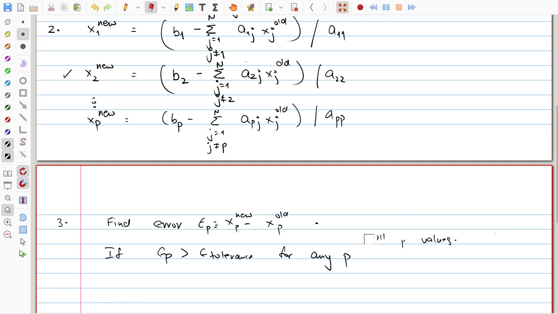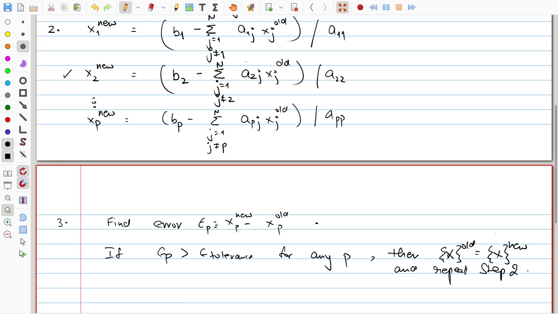So I will write this condition in a different way. If epsilon p is greater than epsilon tolerance for any p, so if any of the errors is large, then you repeat the steps, then you make x old equal to x new.